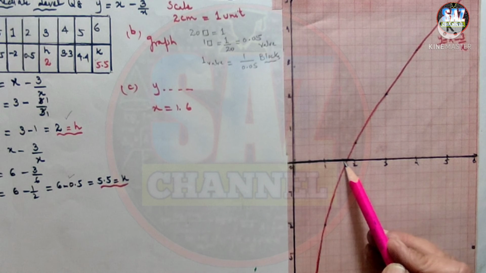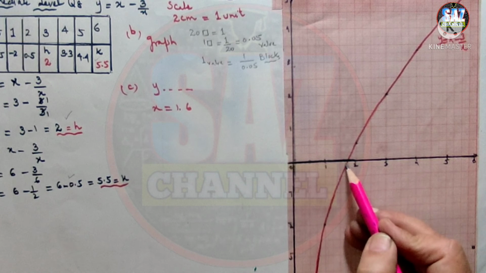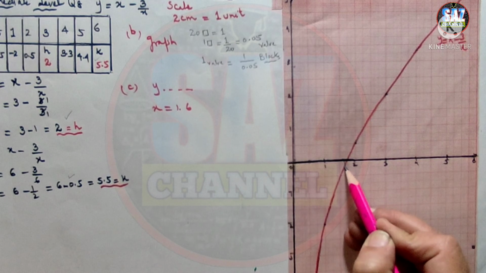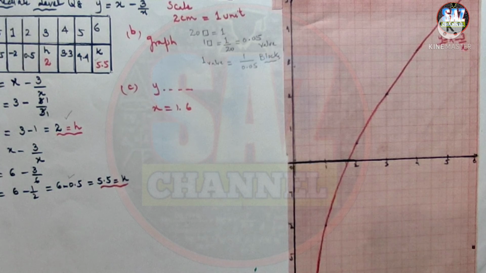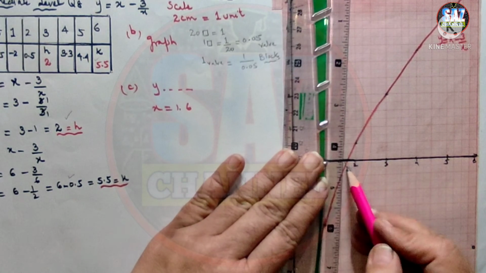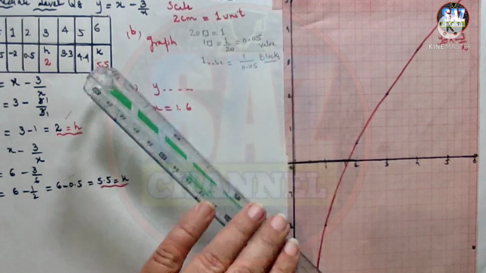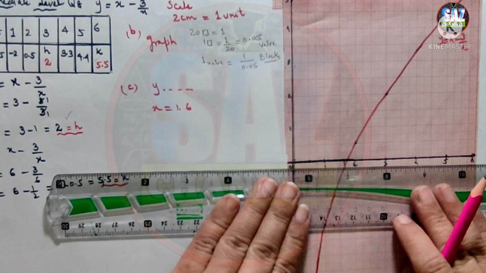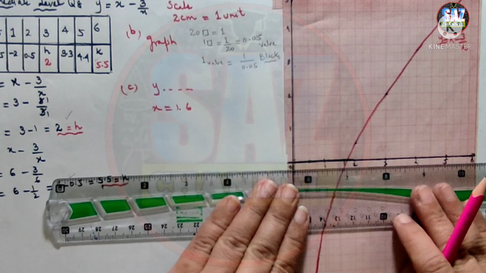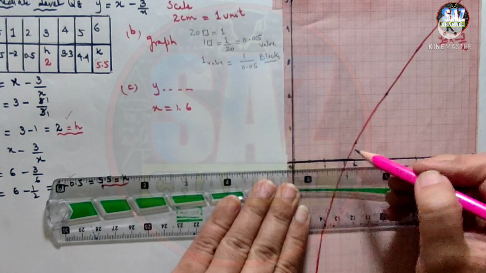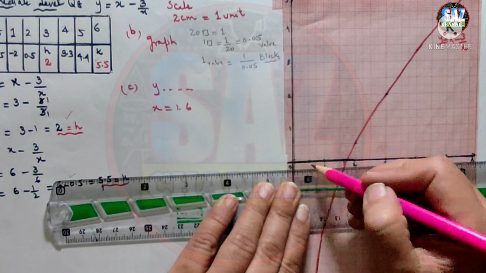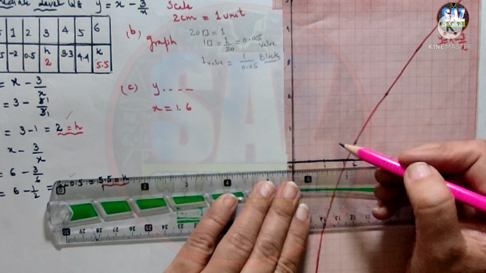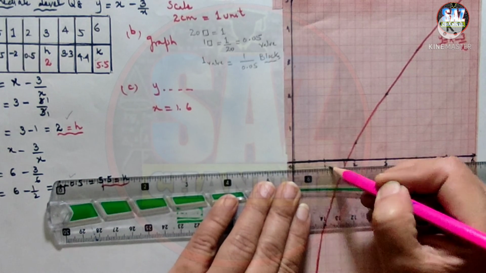At 32 blocks I have to move towards the curve at this point, and then I have to join this with the help of a ruler. Okay, 32 blocks, and that is the position for x equals 1.6.